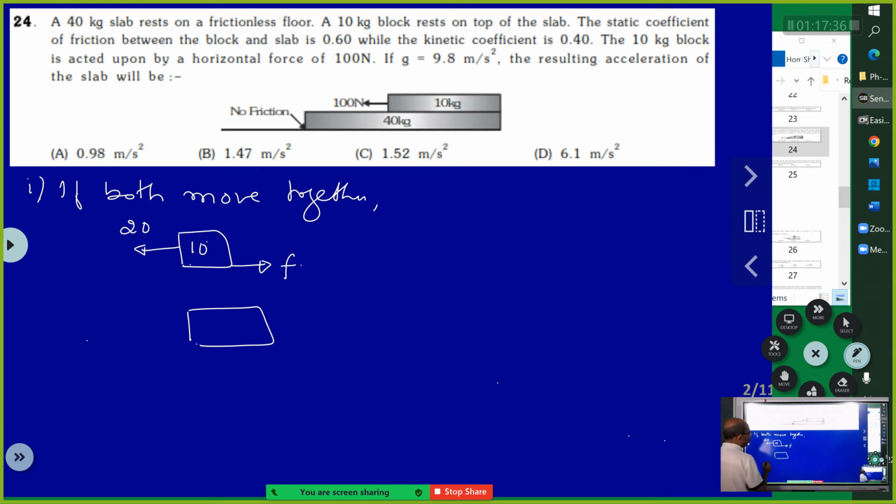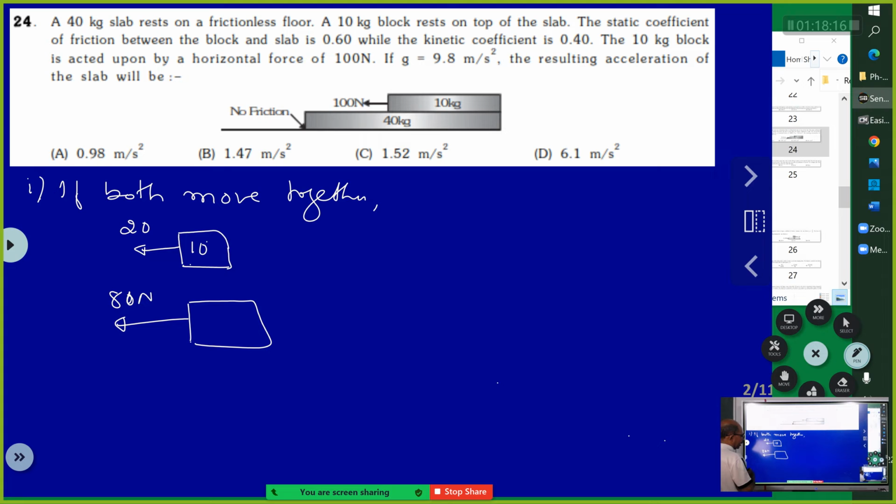As far as the 40 kg is concerned, the remaining 80 Newton will act like this, and the frictional force here.